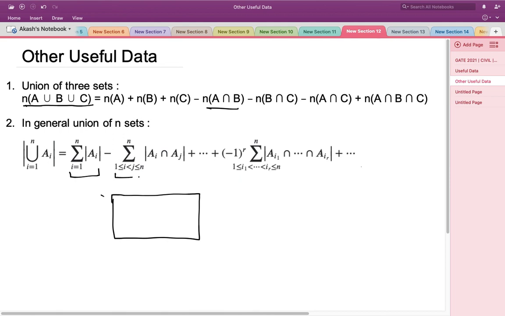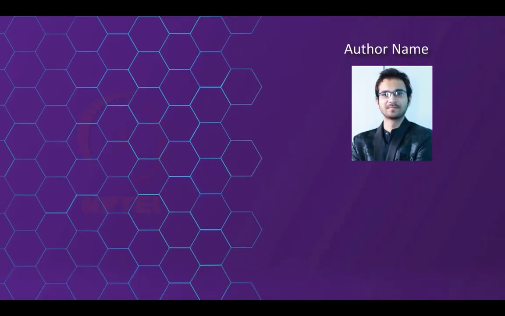The second term is subtracted, taking in order all the combinations of Ai intersection Aj, and then we add all the combinations of Ai intersection Aj intersection Ak, and this series goes on. So we can use this general formula to find the missing values from any number of given sets.